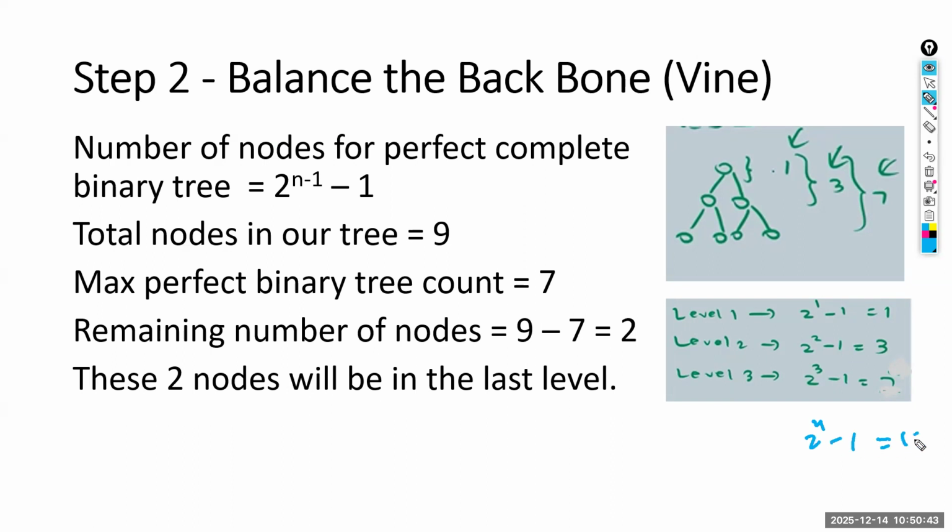So because we have 9 nodes, we are going to have level 4. Level 3 is consuming 7 nodes, but we are going to have 2 more nodes in the last level. And we are not going to get a perfect balanced binary tree because we are going to have 2 more nodes like this. So 7 plus 2 is 9. Right. ඒක formula එක මතක කරගත්ත එවෙලේ හදාගන්න පුළුවන්.